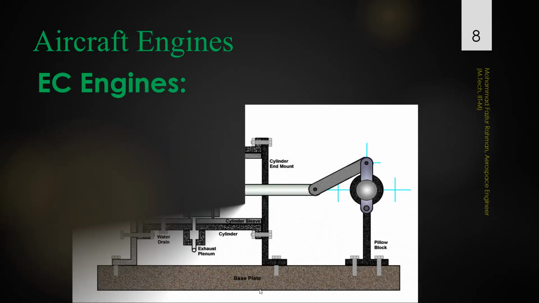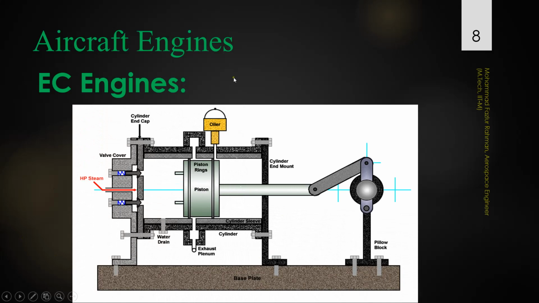In EC engine we have an example of the steam engine. We can see that steam enters here and then it pushes this piston with a huge force. The piston starts moving to and fro, and this to and fro motion is converted into a rotary motion using this crankshaft arrangement, and this power is generated in this shaft, and this shaft can be utilized anywhere else.